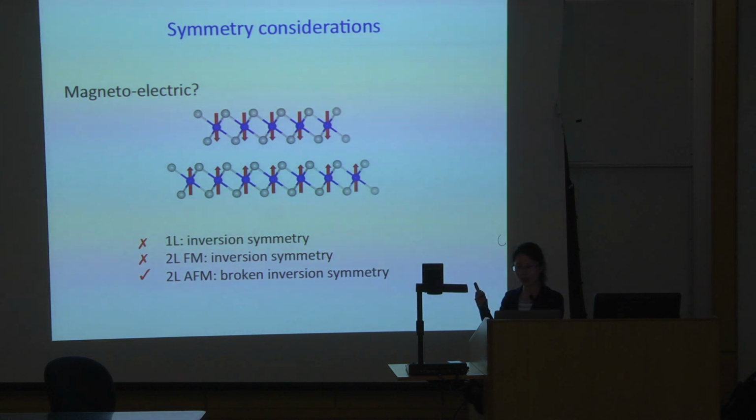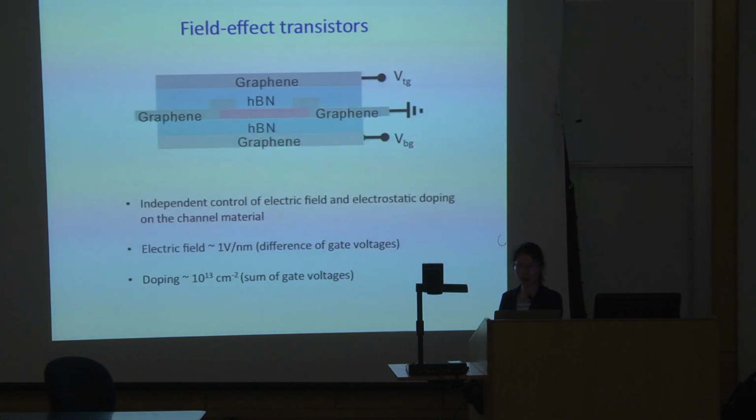So let's see how it works. Let me first show you experimentally how we do it, right? So I showed you the capacitor structure. Basically, this is the capacitor structure. So we have this magnet sitting in the middle, and we have boron nitride as the gate dielectric, and we have graphite as the gate.